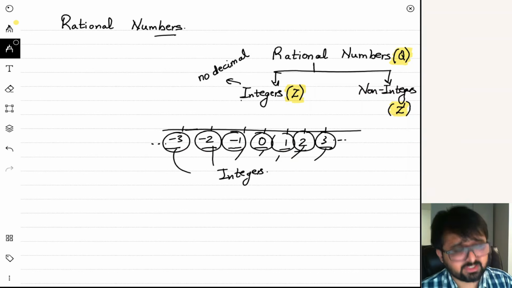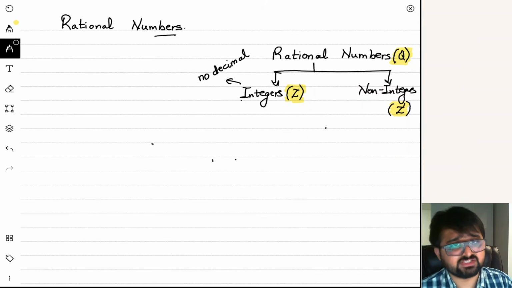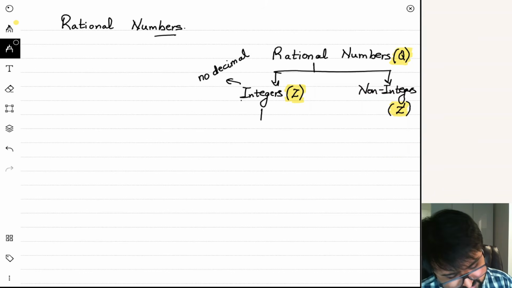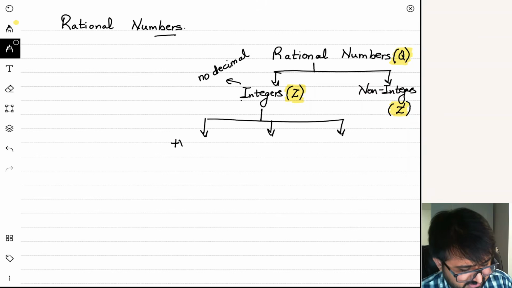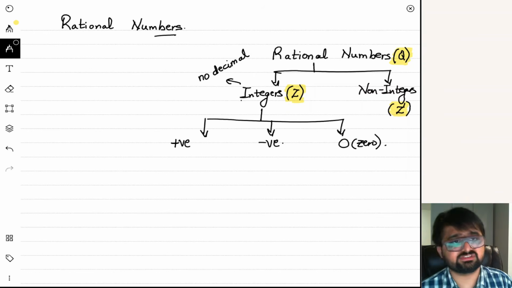Now integers are further classified. Let me just write this down. Integers are further classified into two categories, or really three categories: positive integers, negative integers, and zero, just the number zero, which is neither positive nor negative.